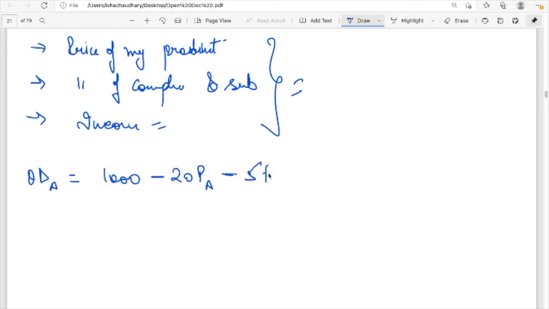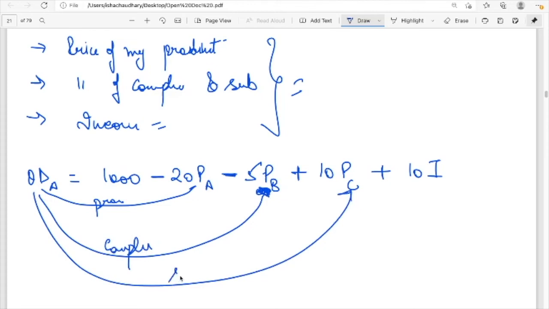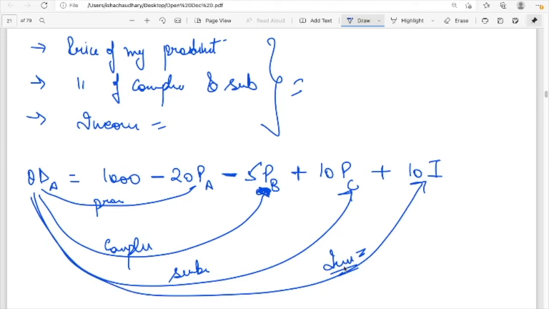Minus 5 PB. Because there is a minus sign, product B is a complementary good. Let's also add 10 PC and 10 I. This is the price of my product. This product B, whose price increase reduces my quantity demanded, is the complementary good. This product C is nothing but a substitute, because with an increase in its price my quantity demanded will increase. And this is income, because with an increase in income the demand will definitely be more: the more the income, the more the demand. This is my new demand function, incorporating all three factors that the CFA book talks about.